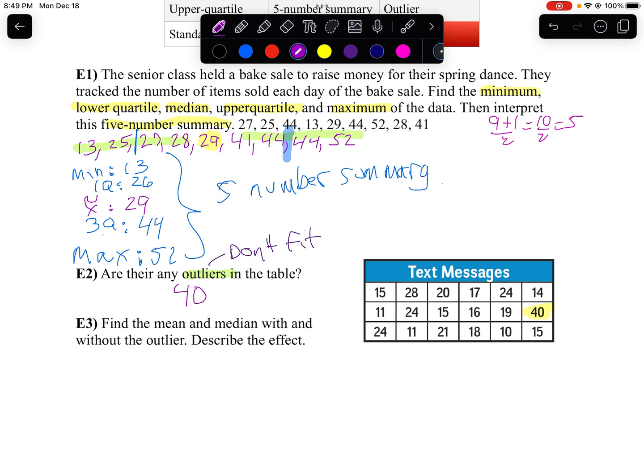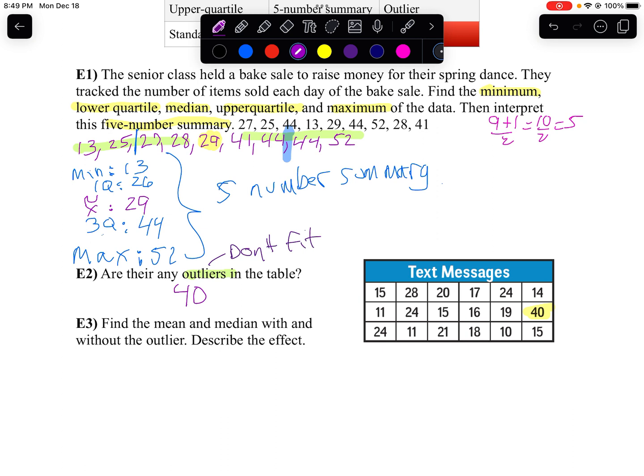Now, on example 5, we want to find the mean and median with our outlier and without the outlier. This is where it's kind of monotonous, doesn't it? Because I'd have to add them all up and divide by 18.